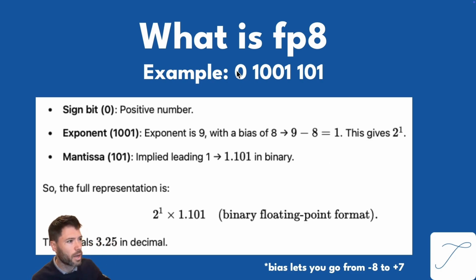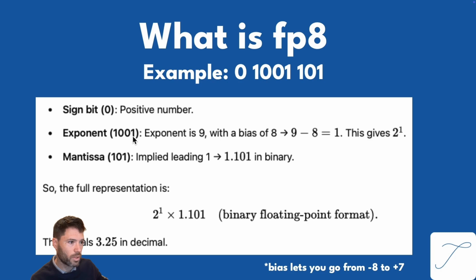Actually, if we take an example of FP8, here's an 8-bit number, 0, and you can see they're grouped 1001 and then 101. And these three groups are split apart on purpose. The first group tells you about the sign. So if it's 0, it's a positive number. If it's 1, it's a negative number. The next group tells you about the exponent.